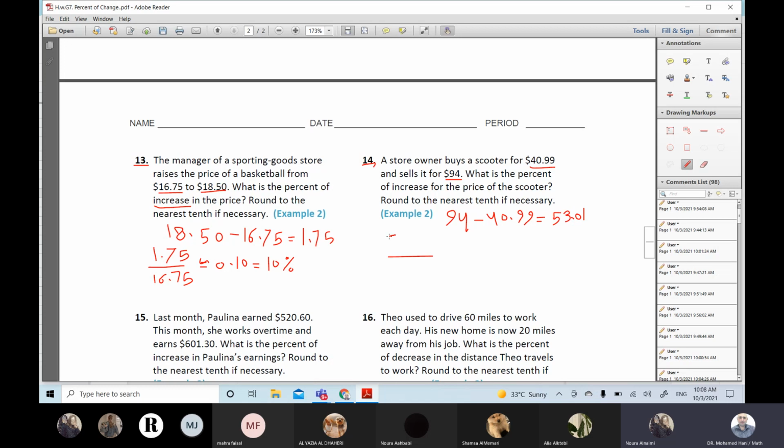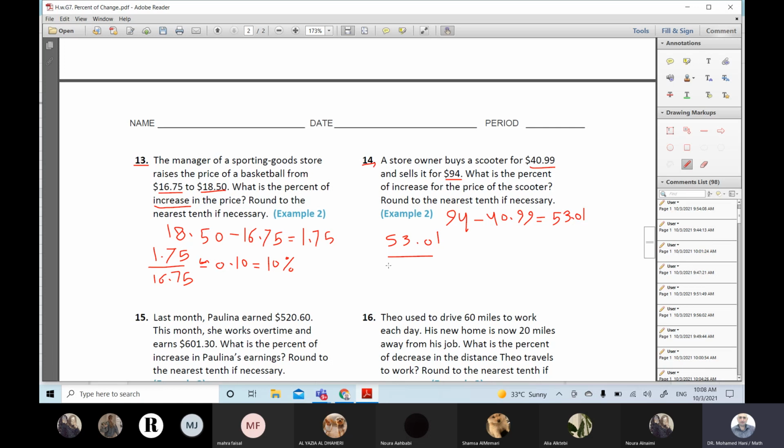Then write the part here, divide by the whole. Who can tell me what is the whole number? 14.99. Great. What is your name? Noura Al-Naimi. Great, Nora. I will add to you 2 marks.